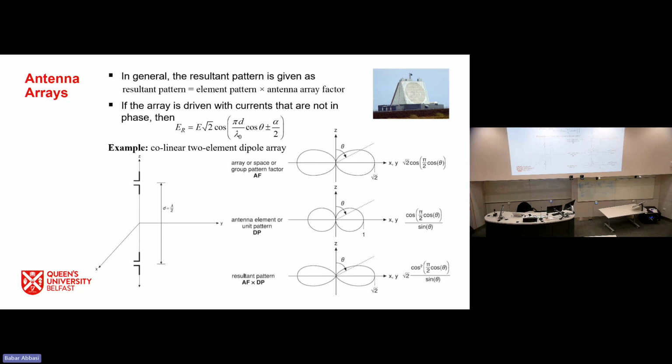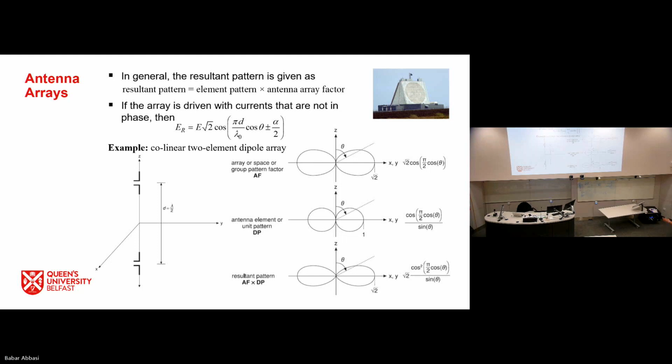In the last slide, we had cos(pi d over lambda naught cos theta). But if we add a phase shift here, called alpha over 2, just naming it this phase shift, then we can actually tilt our maximum directivity direction.